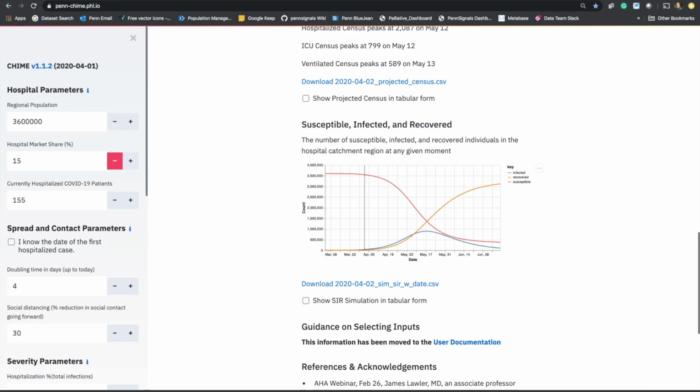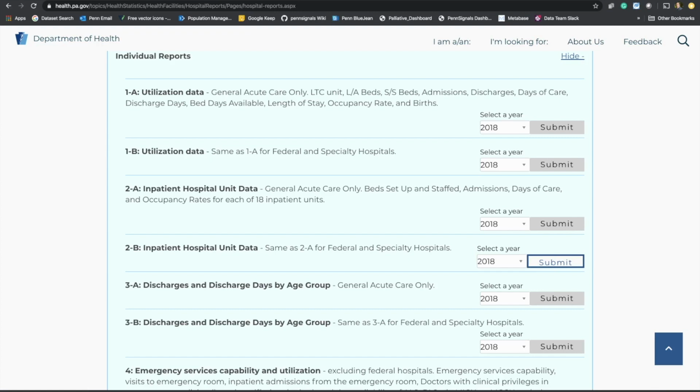Go to the State Department of Health site to look at total number of beds, get that number, look at total number of beds within your health system, and take that ratio. I'm just going to show an example of the PA Department of Health site where you can grab those values, and in this case it's got a nice way to submit a request and pull down a spreadsheet.